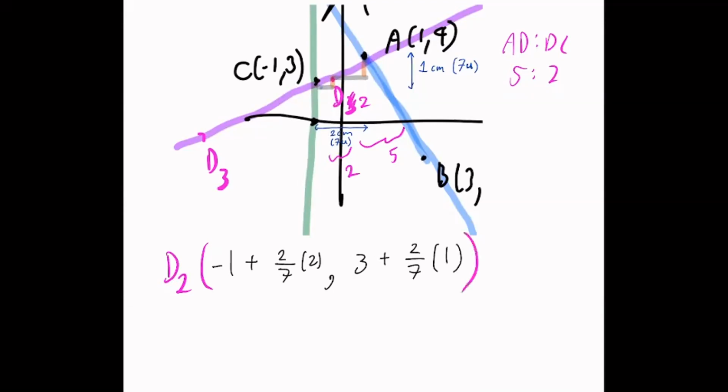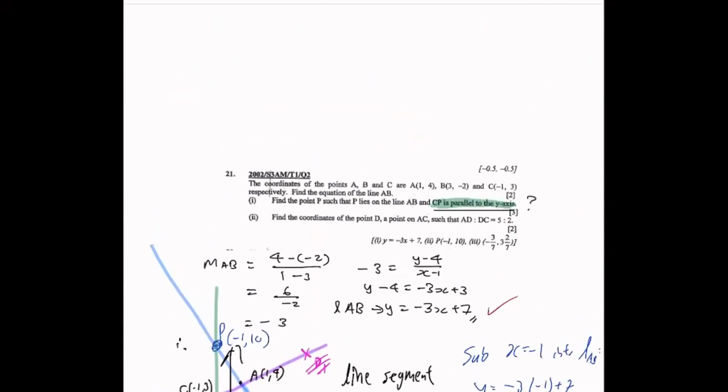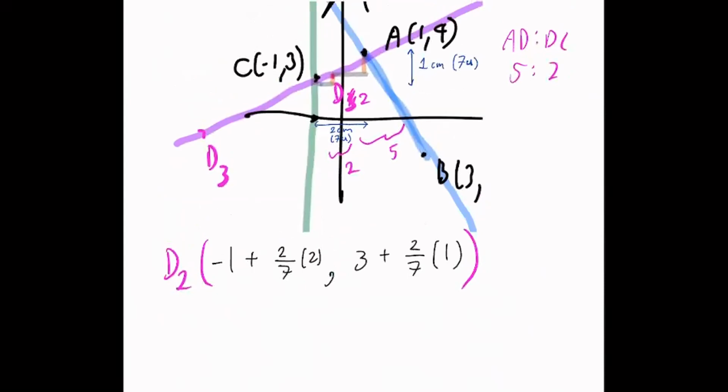Okay, that is D2. But now how many answers are there for D? -3/7 and 2/7. Negative? Oh, okay, fine. Let's now try to work out whether D3 is possible or not.